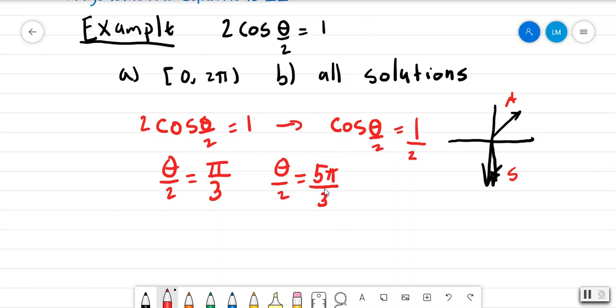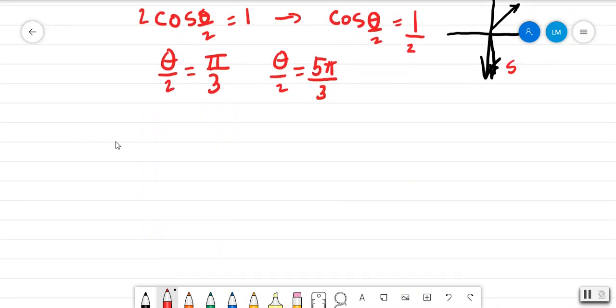Looking at this, we just need to multiply by 2 on both sides for each of these. Now, when we multiply by 2, we get theta equals 2 pi over 3. But we're going to notice something interesting about the other one. It's going to give us that theta is equal to 10 pi over 3.